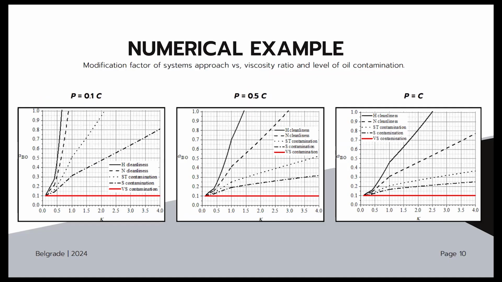And this red line is for a very severe contamination. I already mentioned that for small bearings, the factor is equal to 0 for very severe contamination. But in reality, that bearing will work for some short period. So that is the limitation when that factor equals 0.1.